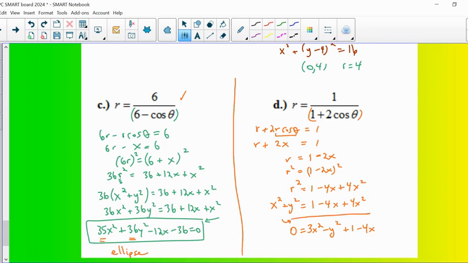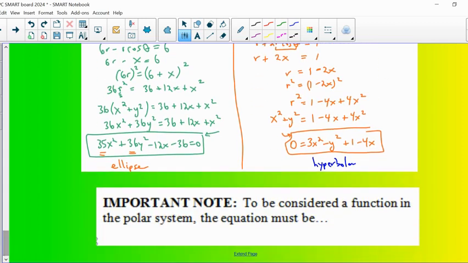And so again, we're done in terms of our task for this problem. And maybe we recognize this. It's two quadratics with a difference. So this is actually a hyperbola, which is not a function in the xy world, yet in the polar world it was. And at the very bottom, if you haven't written this down yet, it's really important to note, right?